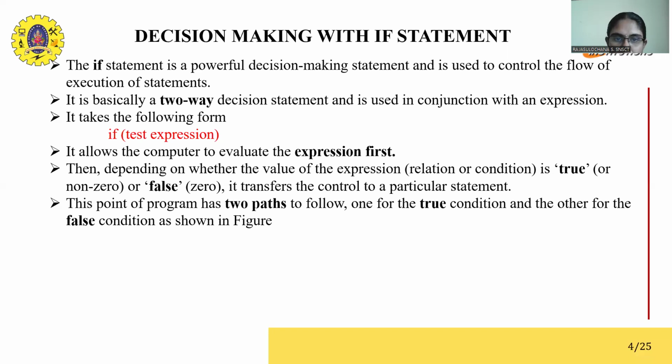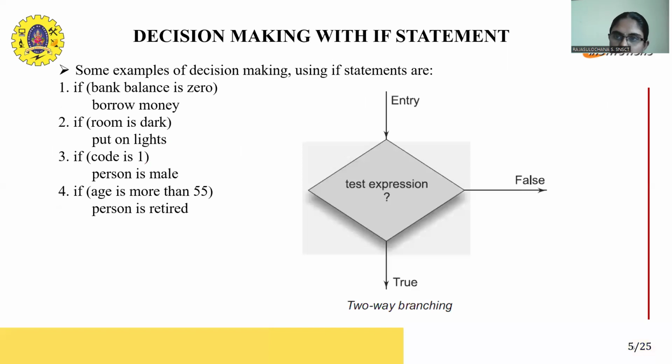Initially this expression will be evaluated. If the expression evaluates to true, one particular statement will be executed, and if it is false or 0, another set of statements will be executed. So based on the true condition one statement is executed, and based on the false condition the other statement is executed.